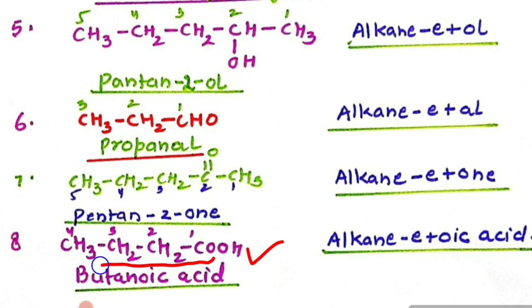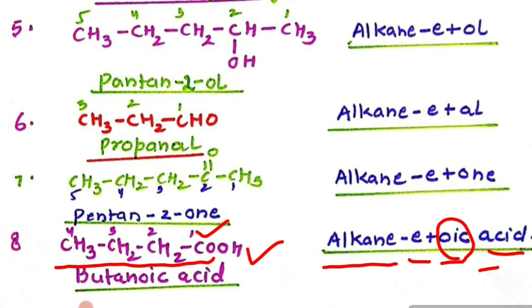So you have to select the longest chain containing this carbon atom, and the numbering should be done from that terminal where this group lies, and this will be the first carbon atom. Here it is named in the form of alkane minus E plus the suffix OIC, and then you leave one space and write down acid.